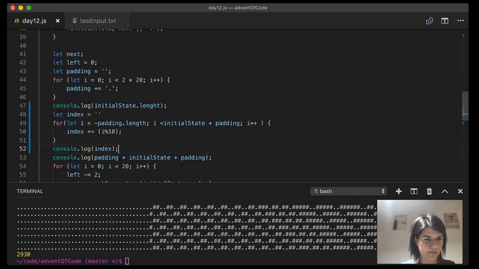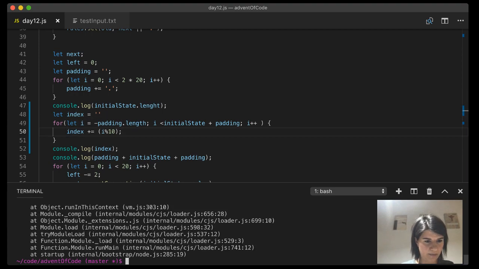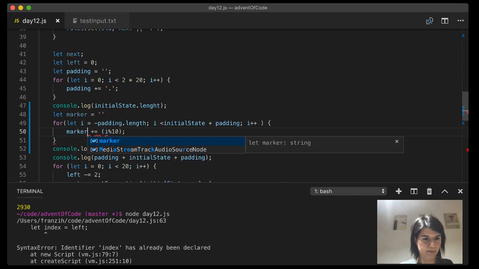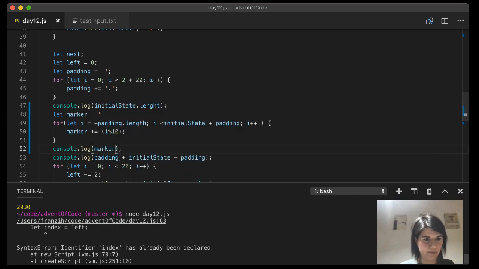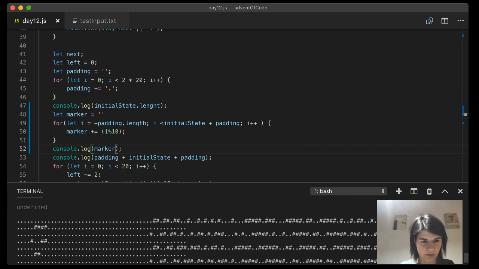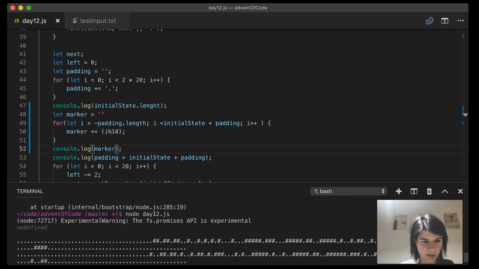Oh. Okay, I don't want to add up these. No, this is a string and I'm adding another string, so that should look okay. Index has already been declared. Let marker. So what does the marker look like?